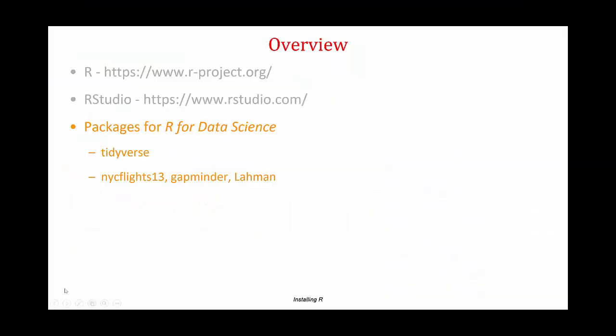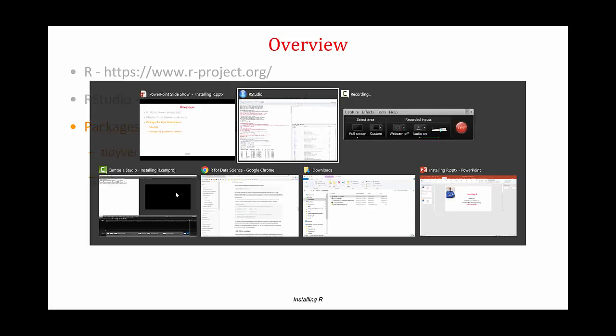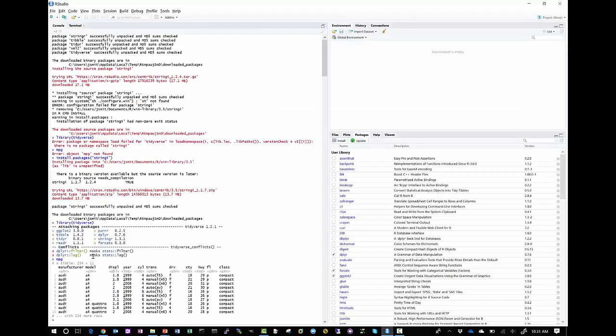Go back to our overview, and now we need these three additional dataset packages that we'll use for the textbook. So as before, I'm going to go back and do those. This time I'm going to do install.packages c to create a vector: nycflights13, gapminder, lahman.